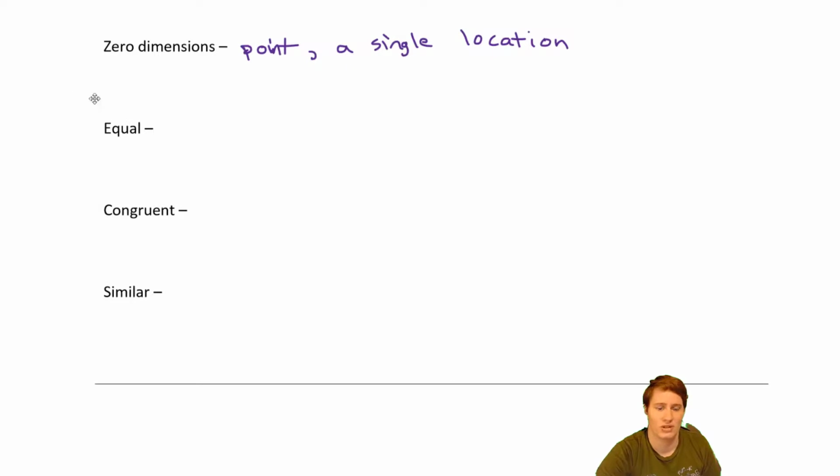But symbols for these 3 words and the ideas here that we have: equal. The symbol for that is an equal sign. When we say that 2 things are equal, we're talking about numbers specifically.